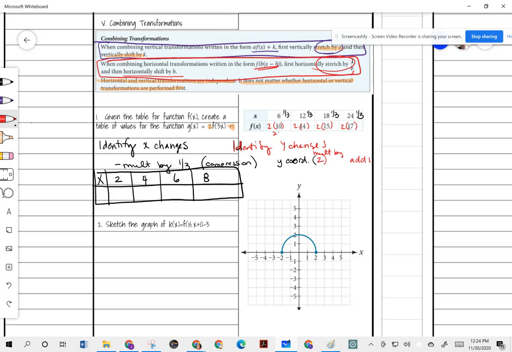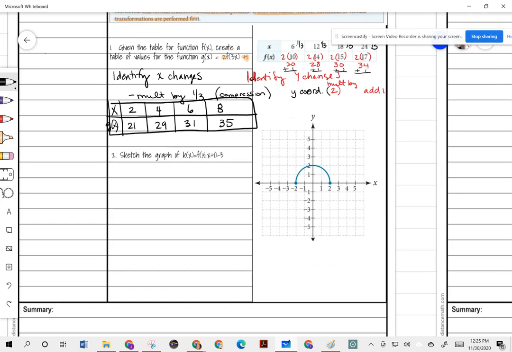So now we're going to get 20, we get 28, we get 30, and we get 34. And then don't forget we need to add 1 to each one of those. And so it looks like my g of x is going to be 21, 29, 31, and 35.